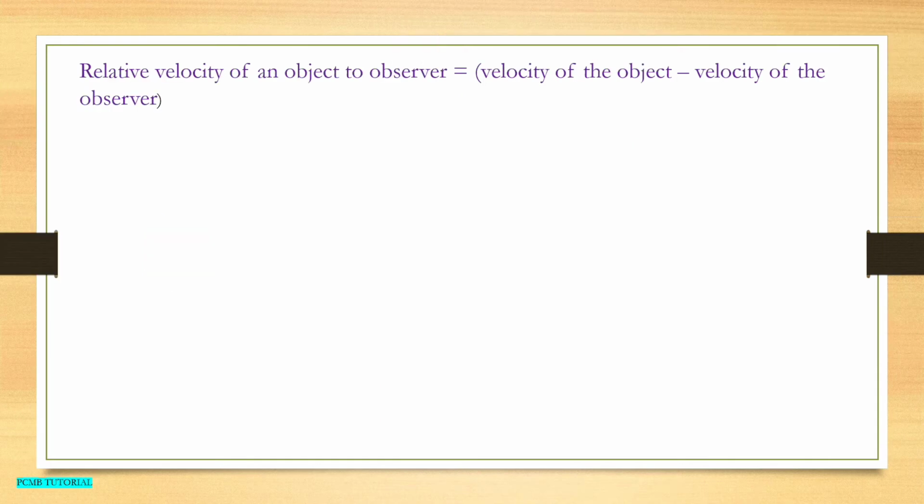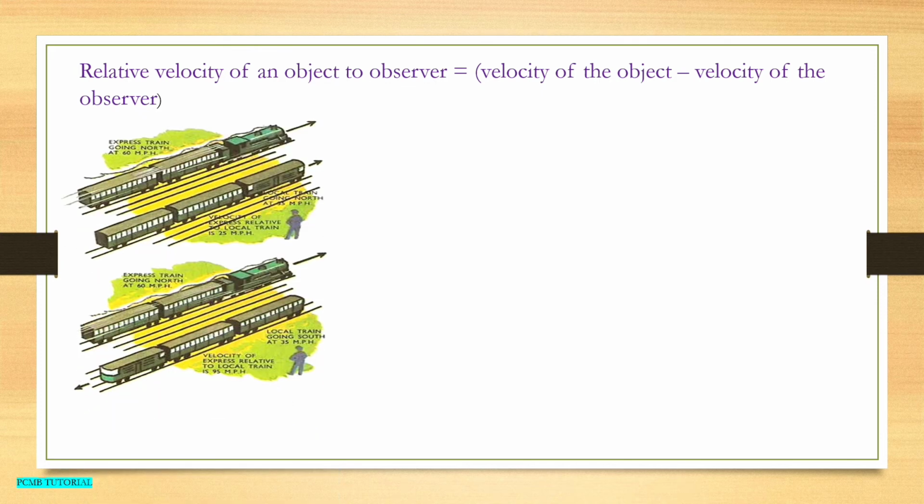In the next slide, we will see the formula of relative velocity. So here comes the formula. The relative velocity of an object to the observer is equal to the velocity of the object minus the velocity of the observer. In the picture, we can see two trains moving.